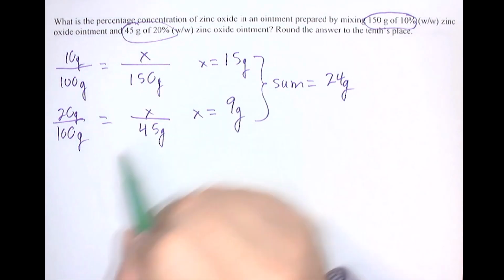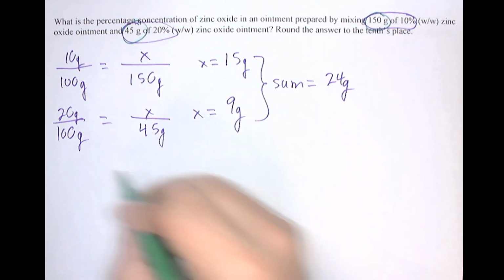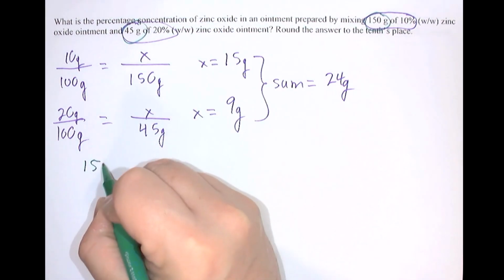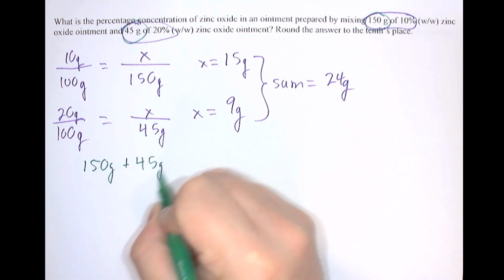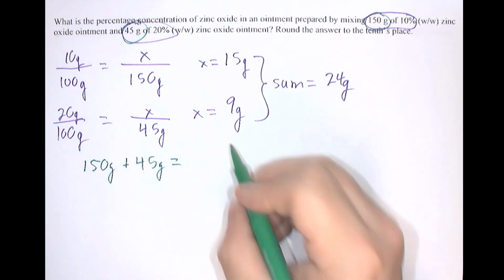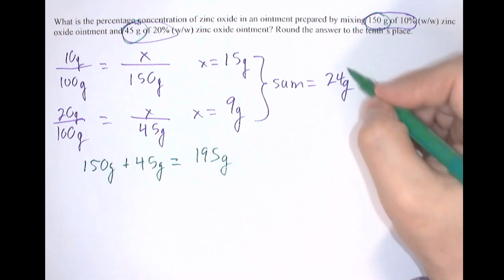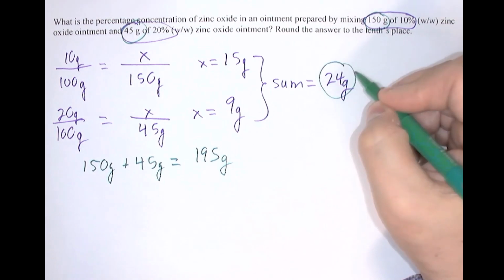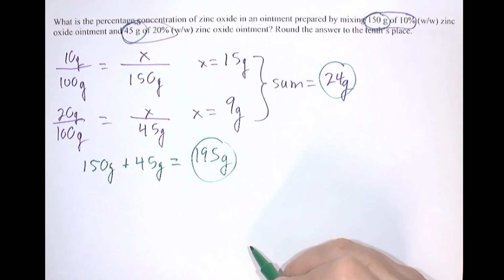Here we have 150 grams plus the 45 grams. We add these together, we're going to get 195 grams. So we have 24 grams of zinc oxide and a total quantity of 195 grams once the two products have been mixed together.